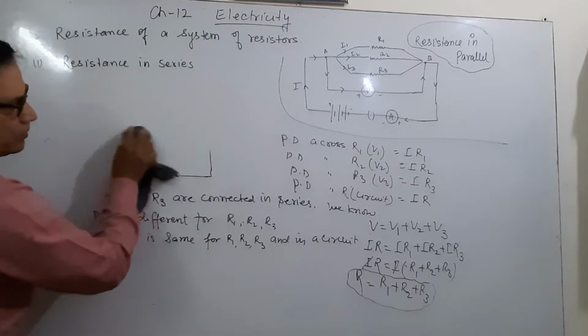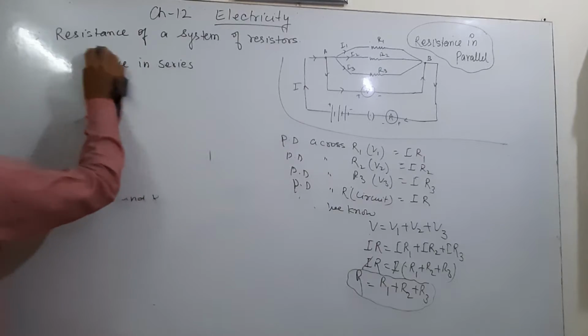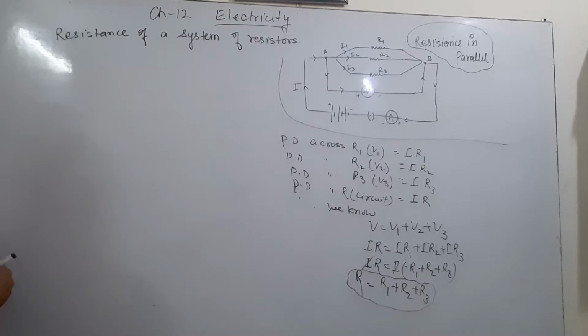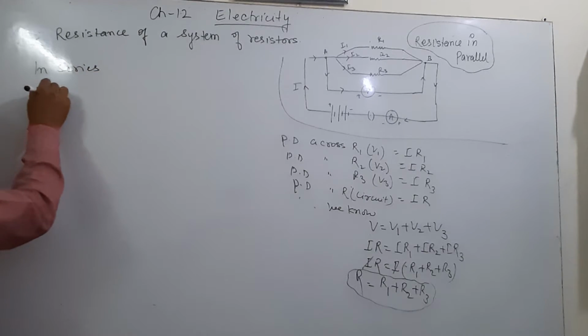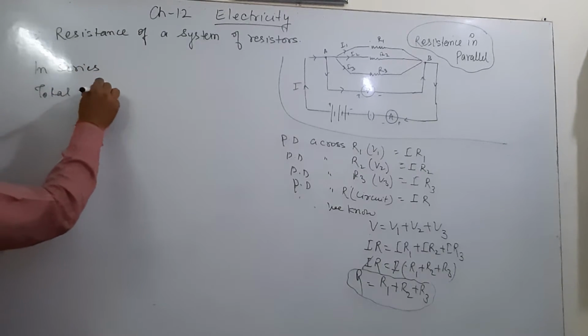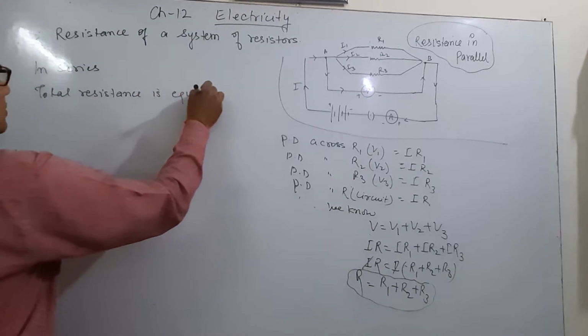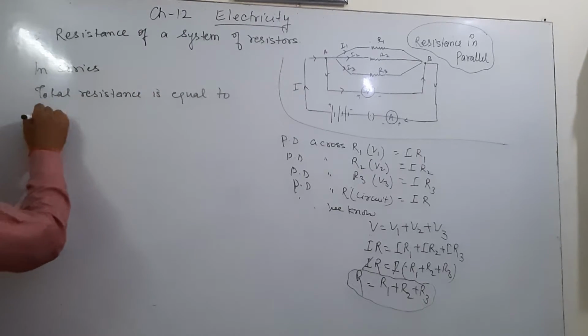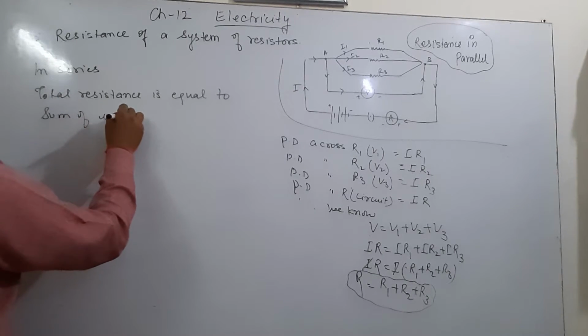Then we conclude that in series, total resistance is equal to the sum of individual resistances.